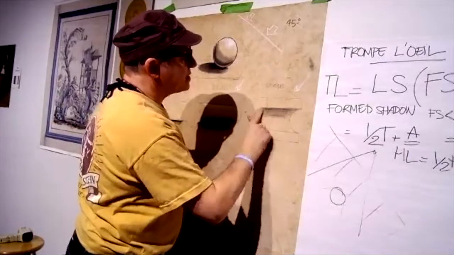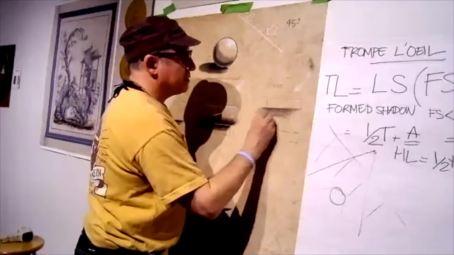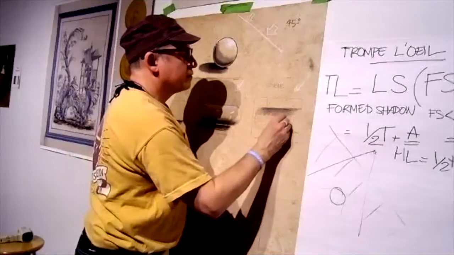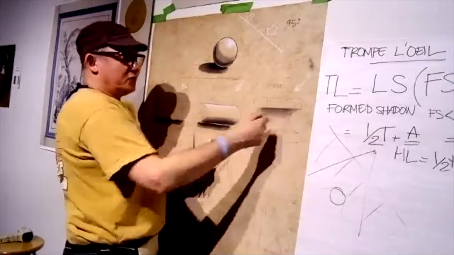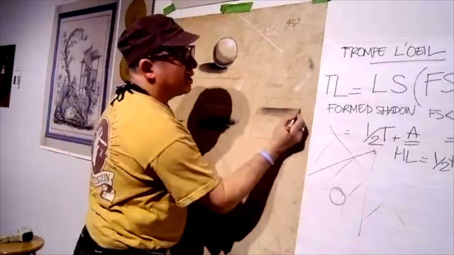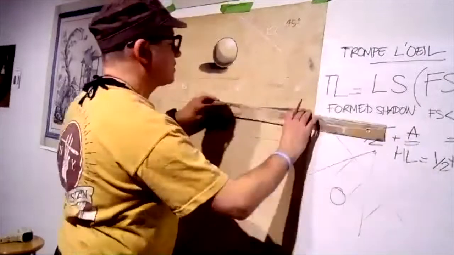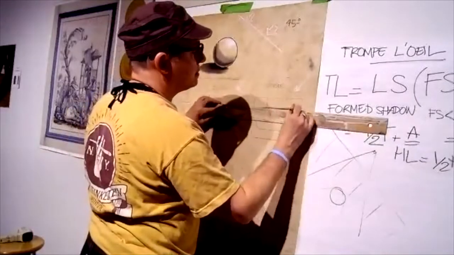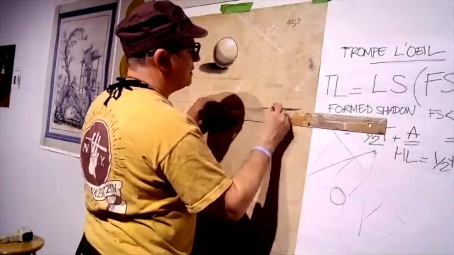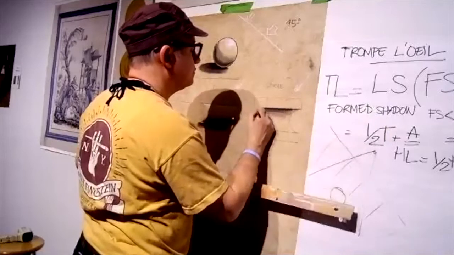Meaning that your highest value, the darkest part, will be where the overhang is the strongest. And within that, I'm going to have the accent, and that accent again we're going to go about a third.